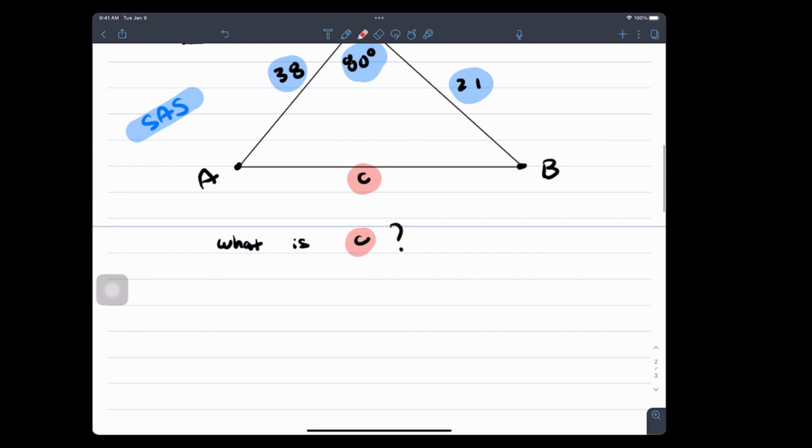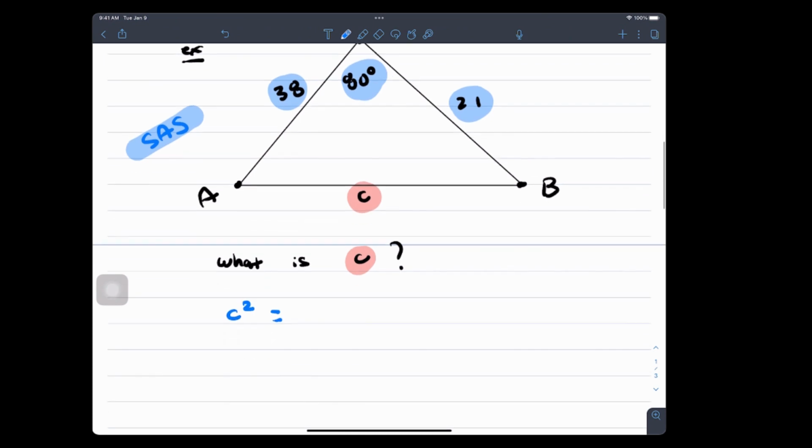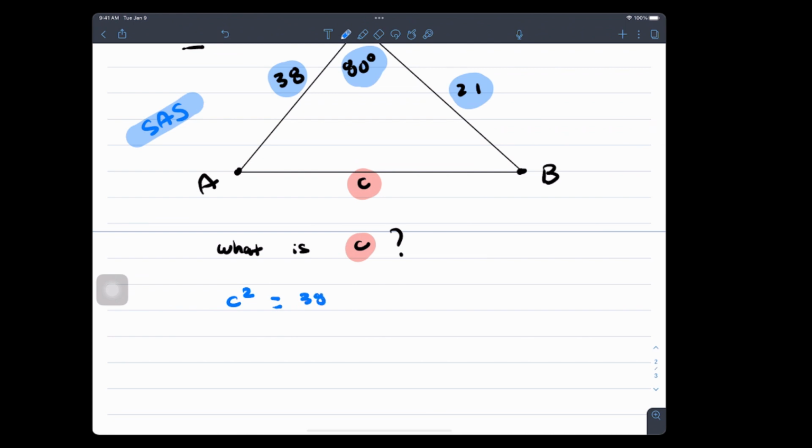So, how do you go about this, ladies and gentlemen? What do you think you do? Little c squared is equal to what? How do you do this? What were the given sides? 38 squared plus 21 squared, okay? Minus 2 times 38 times 21.